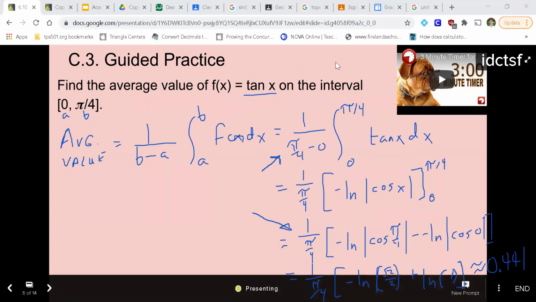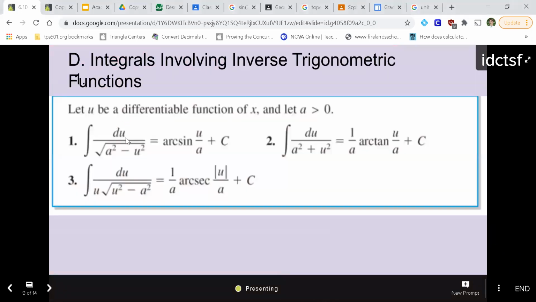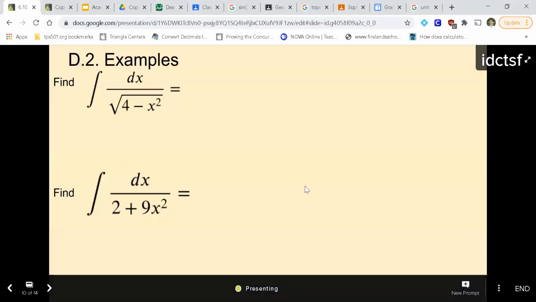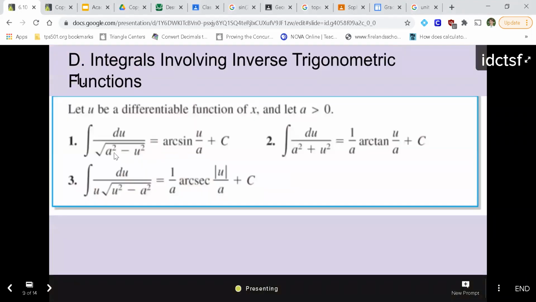All right, let's try some inverse trig ones now. To do the inverse trig ones, the key thing you're looking for is trying to match your integral with which one of these. So for example, if you look at this one, you'll see that it's the square root of a difference of squares.